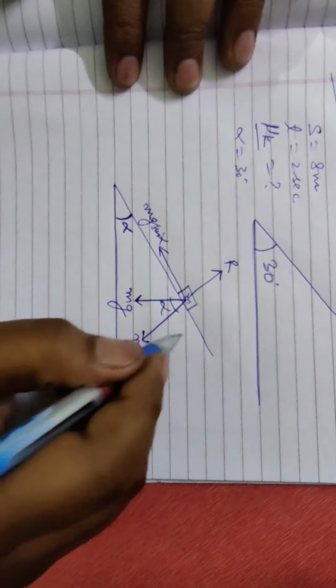And now we all know that f, already we have written it in the equation, is mu k mg cos alpha. So here I put the value of f as mu k mg cos alpha is 0.9 m. So m and m cancel out. So mu k would be 0.9 divided by g cos alpha.